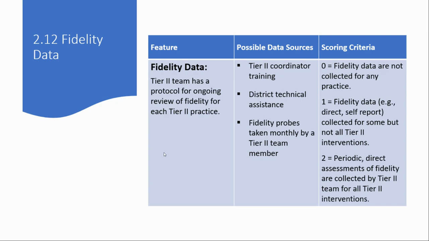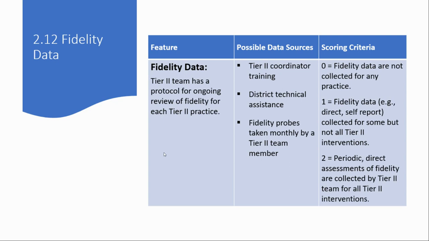So again, it's important that the team is monitoring the fidelity of the implementation, meaning we're looking at how the facilitators that have been selected to deliver the interventions are implementing them with fidelity. We want to make sure that whatever interventions are being implemented, they're being implemented with fidelity. So a team gets a 0 if the fidelity data are not collected for any practice. The team receives a 1 if the fidelity data is collected for some but not all Tier 2 interventions.